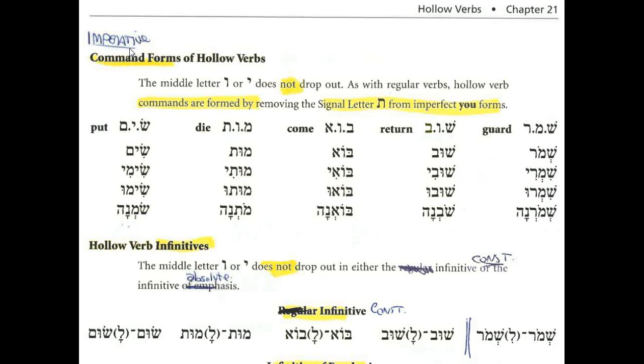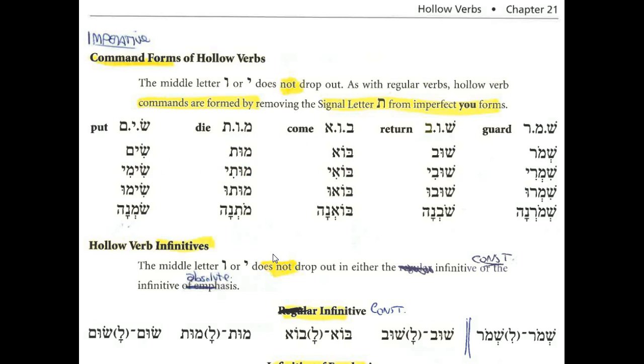And in the imperative, as with the imperfect, the middle letter does not drop out, and the imperative forms are derived by removing what they call the signal letter, or what I call the performative tav, from the imperfect. So instead of tishmor, you get shmor. Instead of tashuv, you just get shuv. Shuv, bo, mut, sim. Return, come, die.